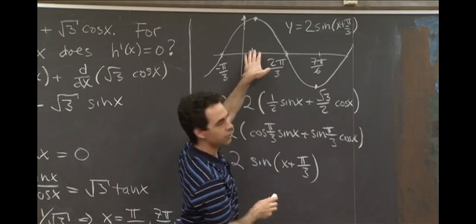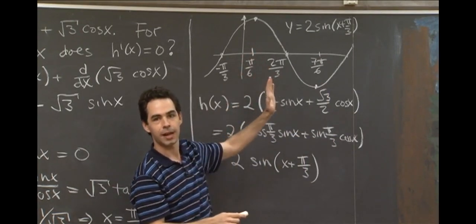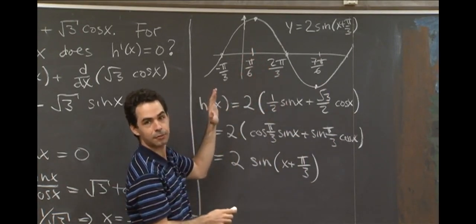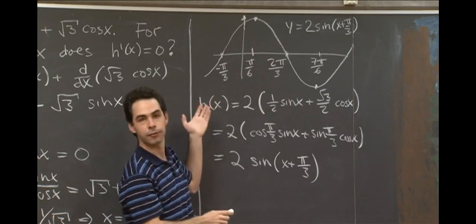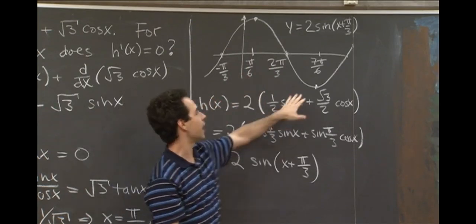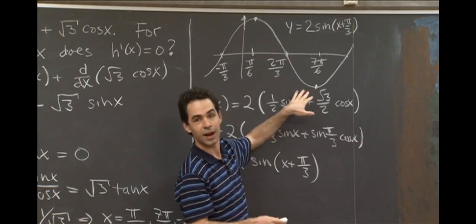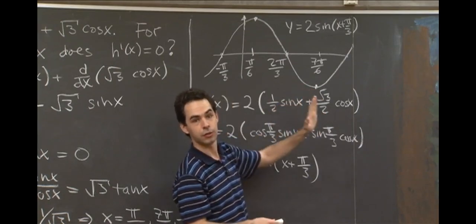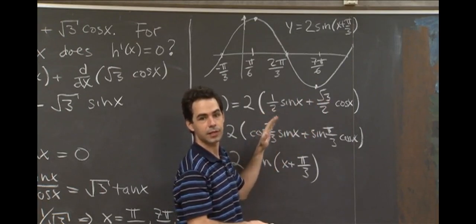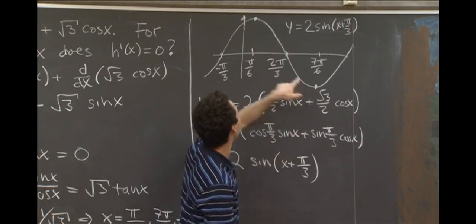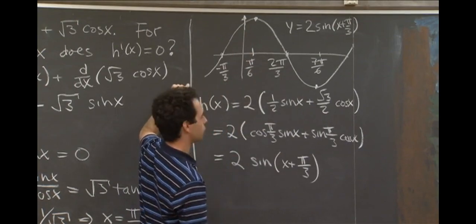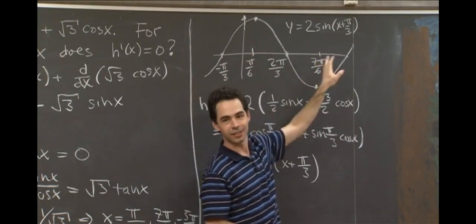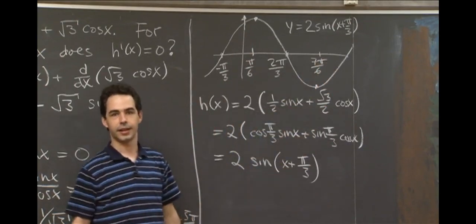Pi over 6, because for the usual sine function, it happens at pi over 2, but we've shifted everything left by pi over 3. And so pi over 2 minus pi over 3 is pi over 6. And for just y equals sine x, this minimum would happen at 3 pi over 2, but we've shifted it left by pi over 3. And so on. There's another trough over here and another peak over there, and so on.